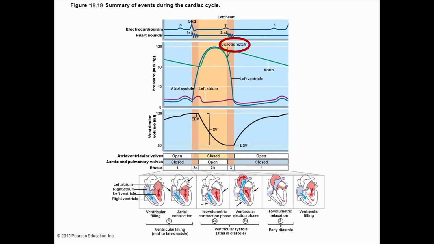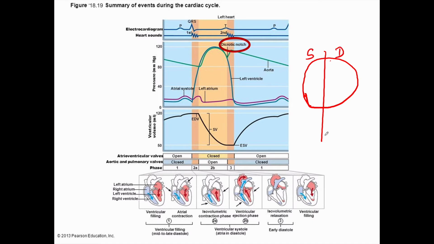The cardiac cycle takes around 0.8 seconds. Okay, in a very simple way to understand, this is one cardiac cycle. Imagine this is systole and this is diastole.